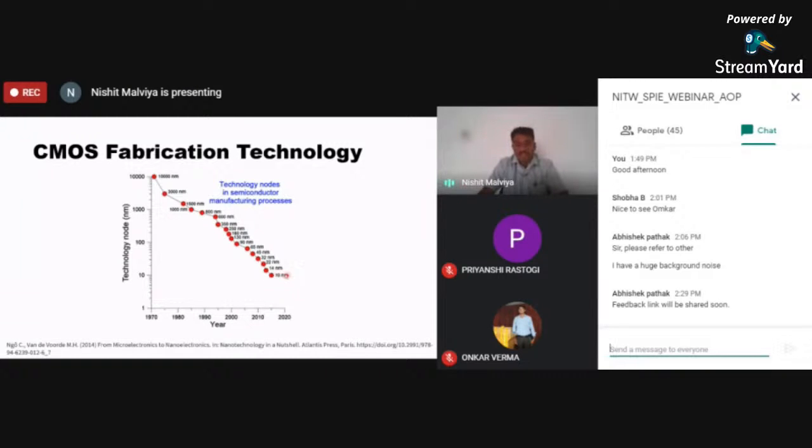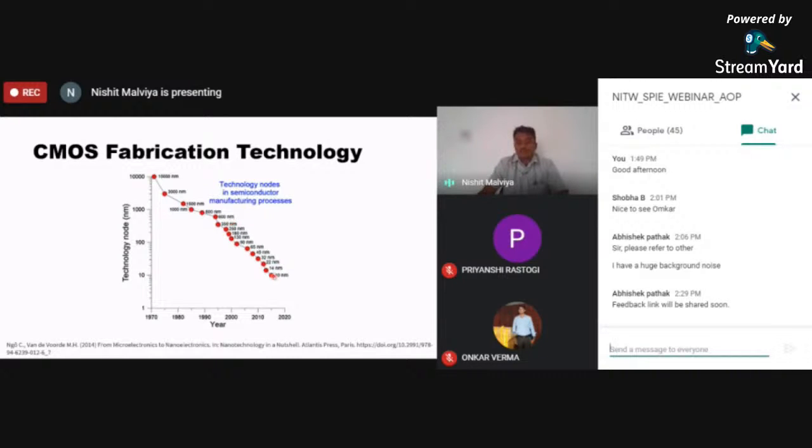Now, in 2014, it is 10 nanometers. That fabrication technology motivated us to make our optical devices at this miniaturized level. So nowadays we can make our silicon photonics devices and components on the order of 10 nanometers.